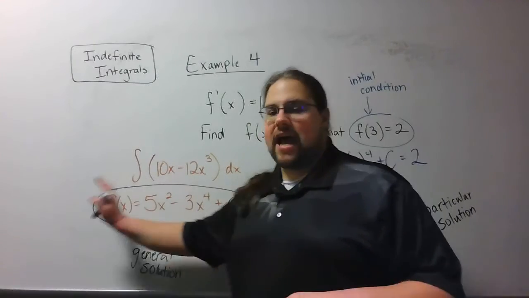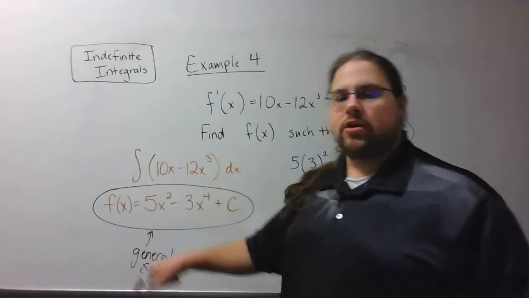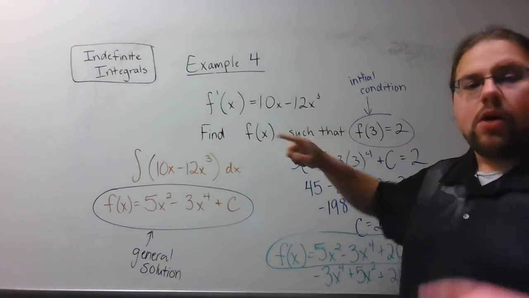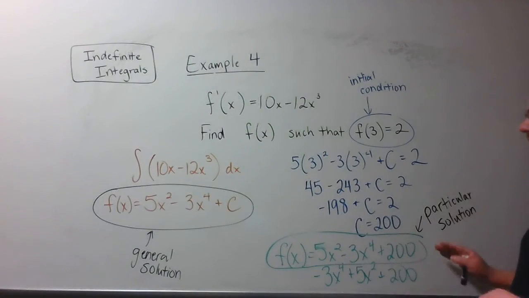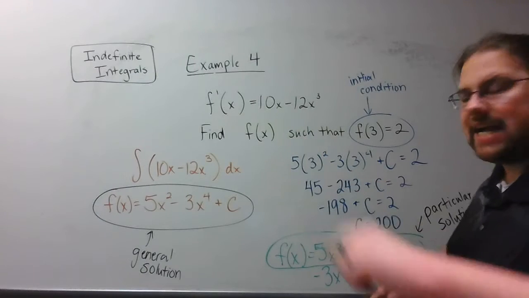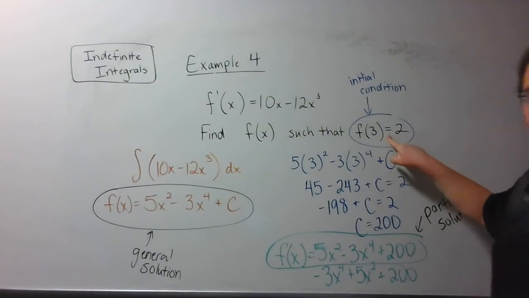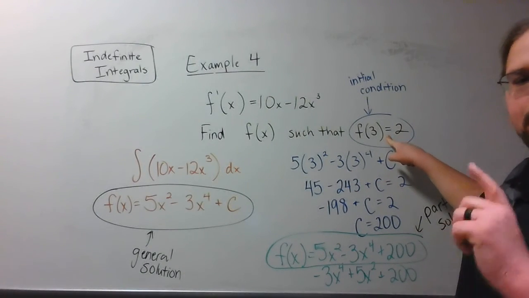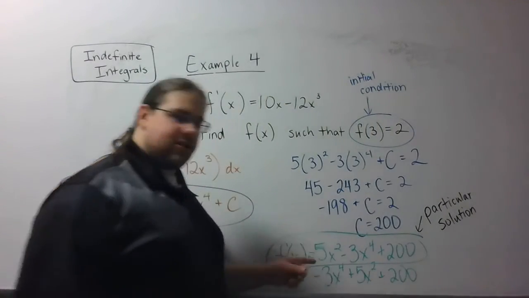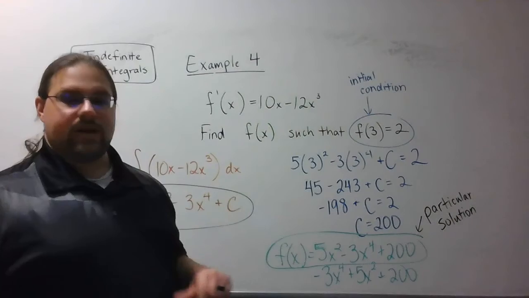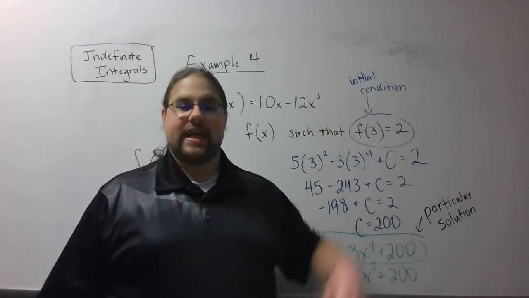This contains every possible function whose derivative is this. What I wanted, though, was the particular solution whose derivative is this and fits the initial condition that f of 3 makes 2 the answer. And I did that. I made a function that has this derivative, and f of 3 is 2.